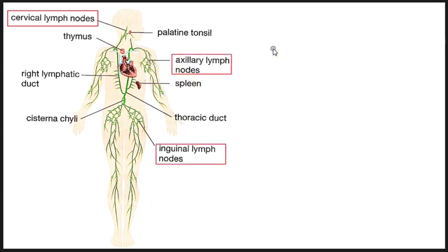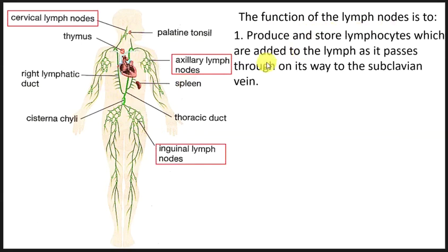Okay, then here we are saying the function of the lymph nodes is, number one, to produce and store lymphocytes, which are added to the lymph as it passes through on its way to the subclavian vein. So these are white blood cells.